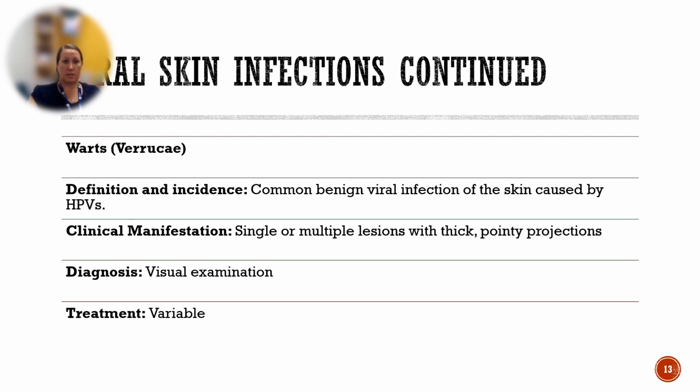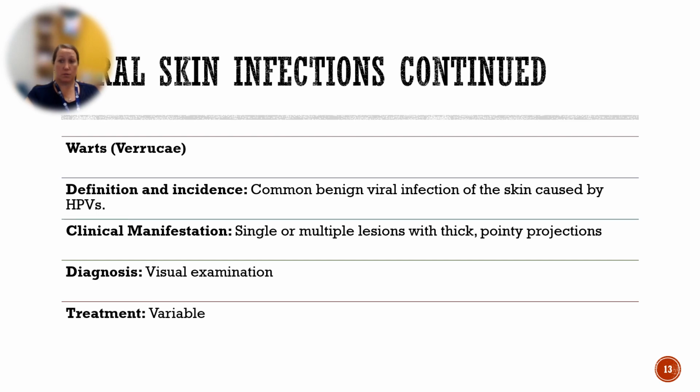Other viral skin infections include warts. Warts are common benign viral infections of the skin and adjacent mucous membranes caused by HPV or the human papillomavirus. The incidence of warts is highest in children and young adults, but warts can occur at any age.